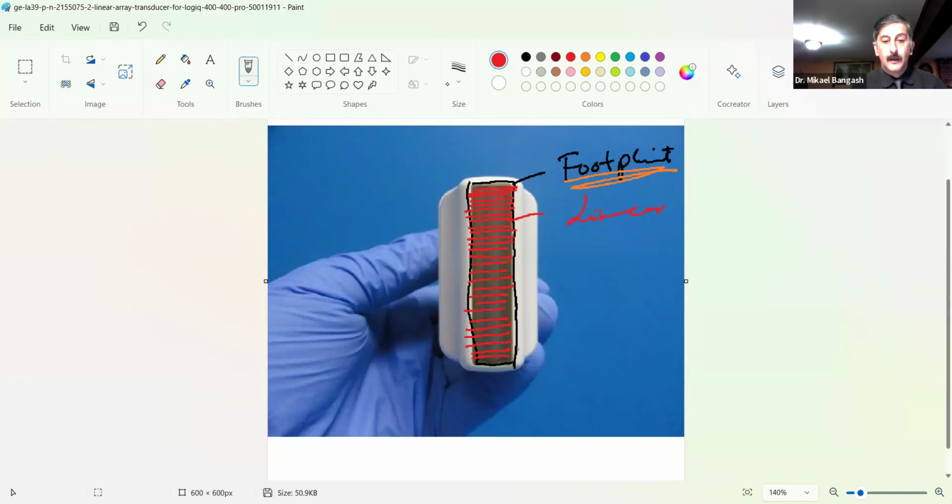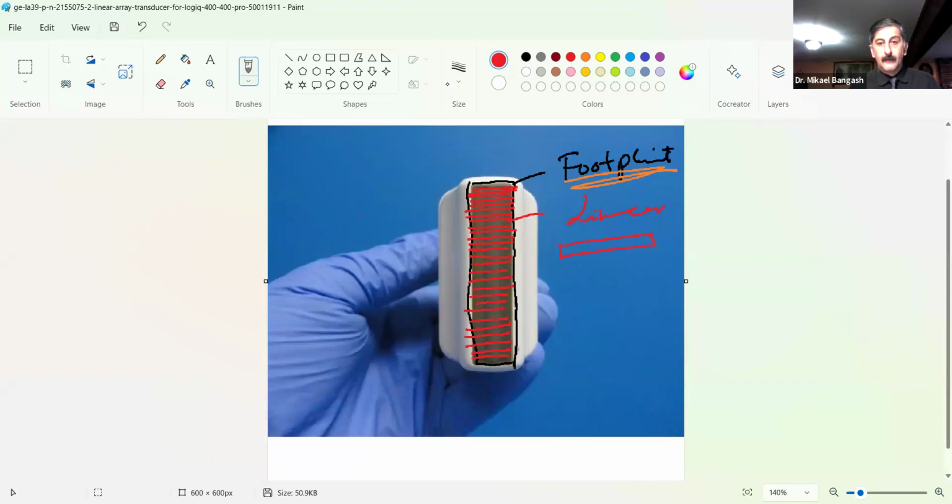Now, if you just take one PCT here, this becomes just one PCT, magnified a little bit.